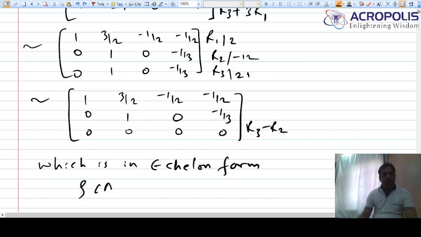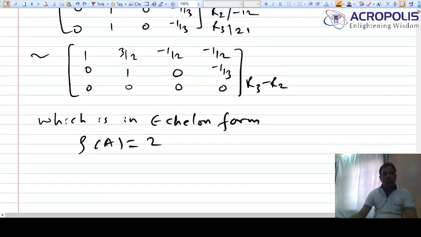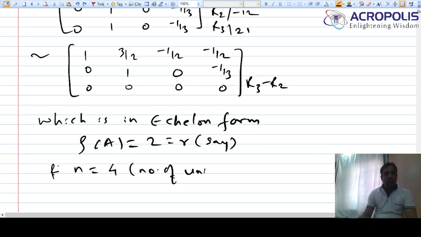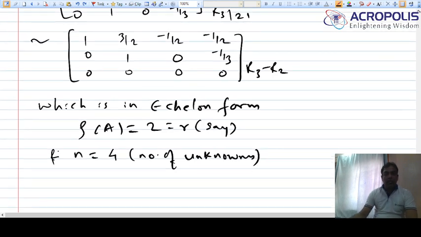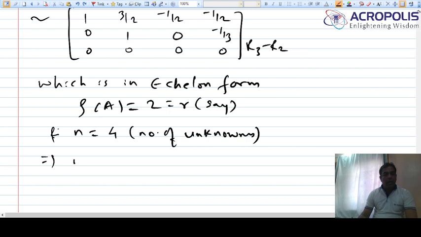As you can see, rank of A is equal to 2 as A has 2 non-zero rows. Let this be r, and we know n is 4 here, the number of unknowns W, X, Y and Z. So n minus r will be 4 minus 2, that is 2, which is greater than 0.